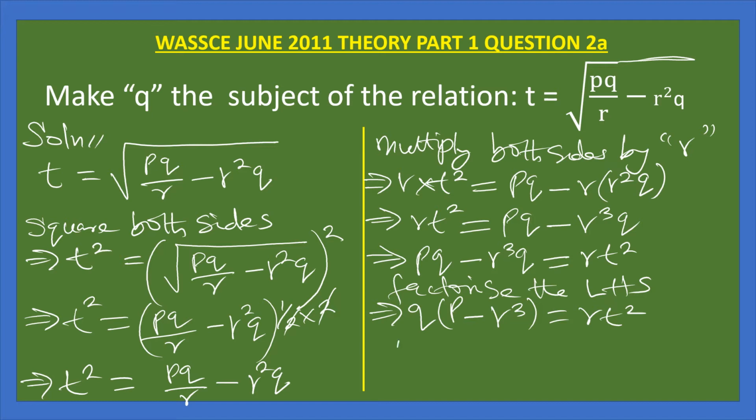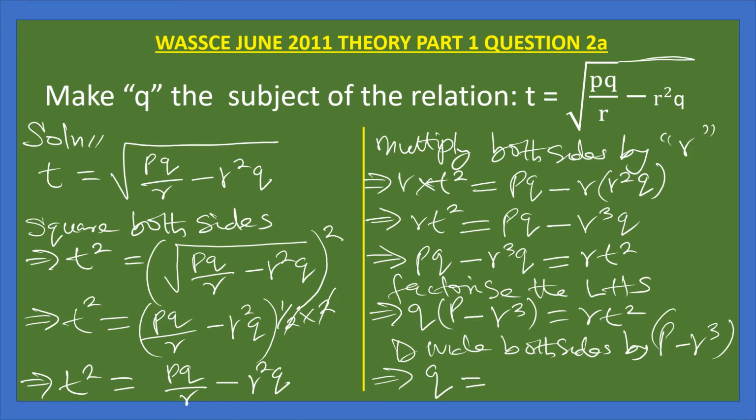Now we are looking for Q. We divide both sides of the equation by P minus R cube. This now gives our Q as equal to RT squared, all divided by P minus R cubed.